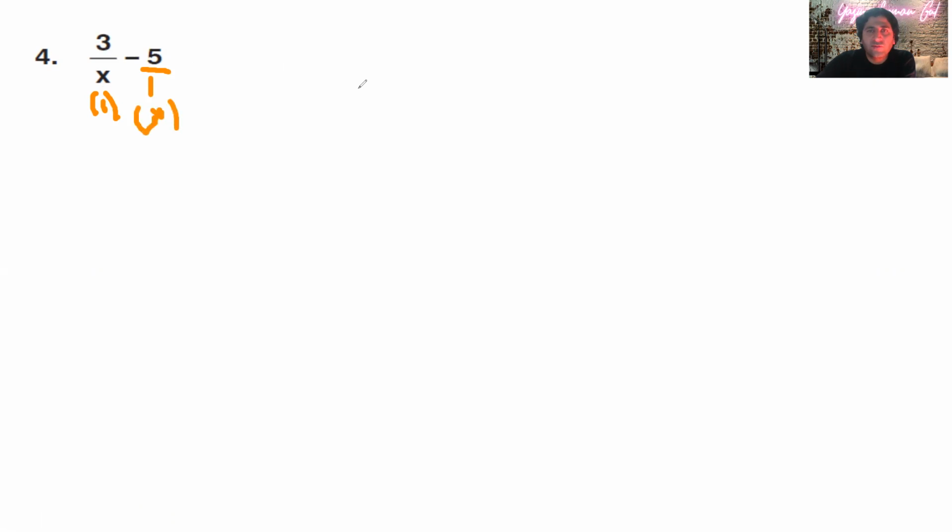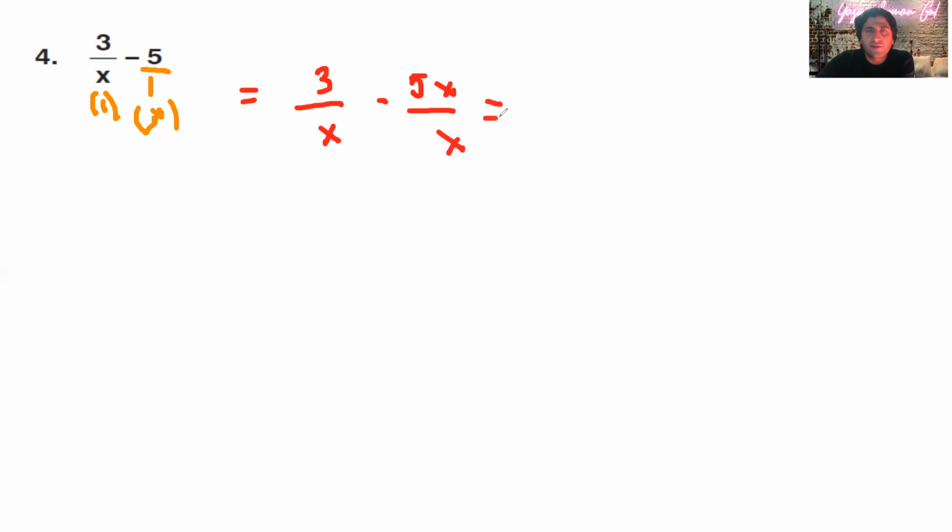Then it equals to, 1 times 3 is going to be 3 over x, minus x times 5 will be 5x over x times 1 will be x.